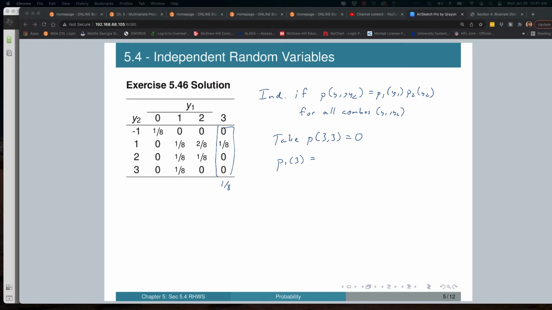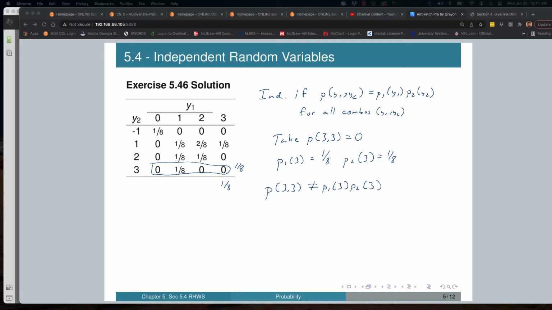Right, and then the marginal for y sub 2 when it equals 3 is going to be also the row total for when y sub 2 equals 3, which is this row here. So that's also 1/8. And then of course we can just show it through the rest of the process. P of 3 and 3 does not equal P sub 1 of 3 times P sub 2 of 3.